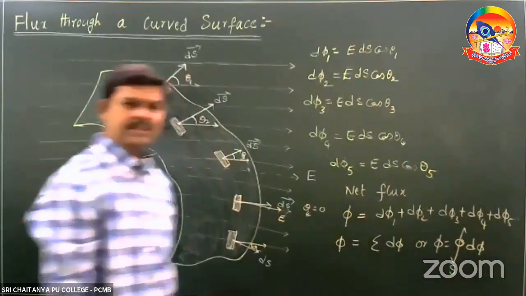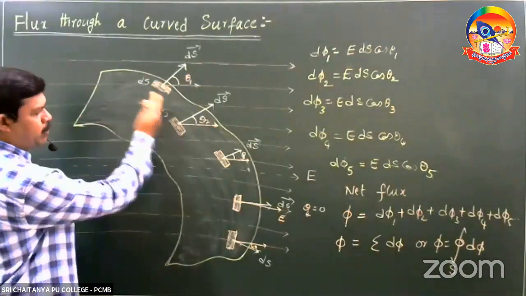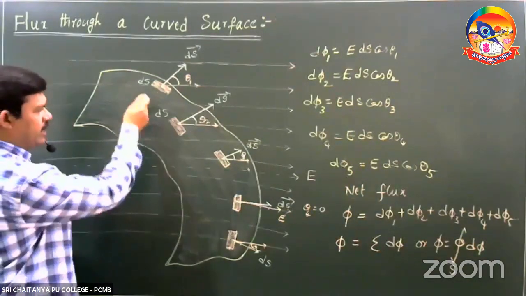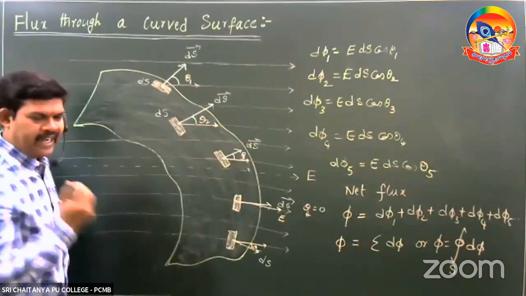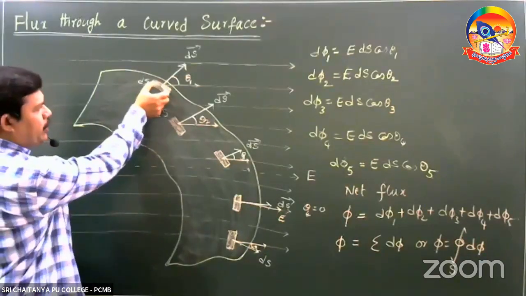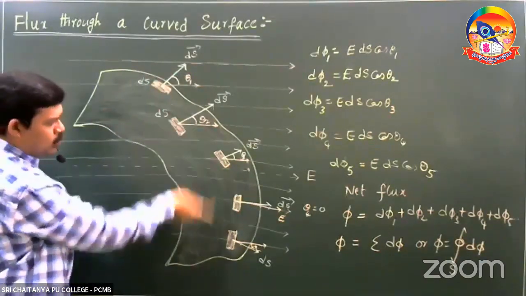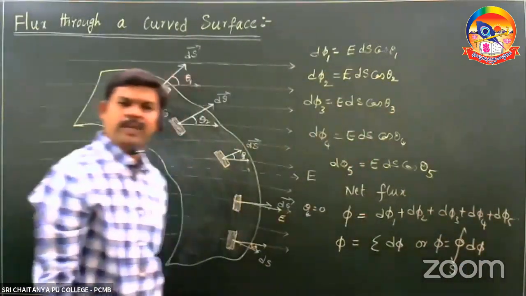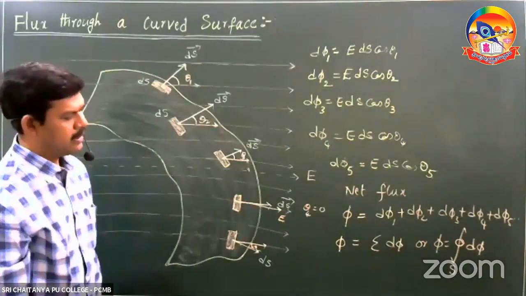Whenever a body is divided into small elements, as we studied in first year, we find a physical quantity due to the small element. Then for the total body, integral of d phi. It is a surface integral, right?